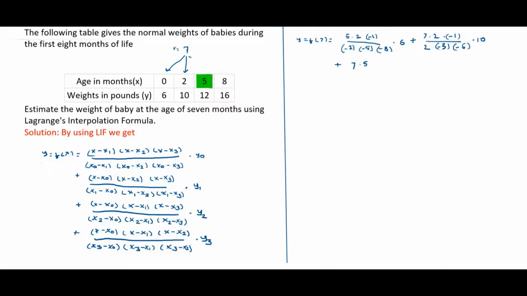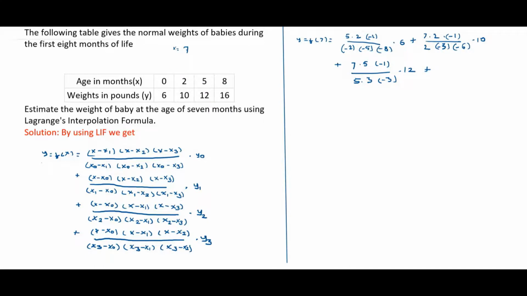And except this 5, 7 minus 8 is equal to minus 1, divided by 5 minus 0 is equal to 5. 5 minus 2 is equal to 3. And 5 minus 8 is equal to minus 3, into the third value of y. The third value of y is equal to 12. I will write 12 plus.